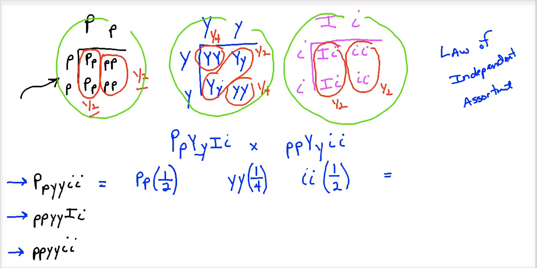You'd multiply these together. So 1/2 times 1/4, well, 4 times 2 is 8. 8 times 2 is 16. Multiply the top numbers together. You would have a 1/16 chance of getting this exact outcome.